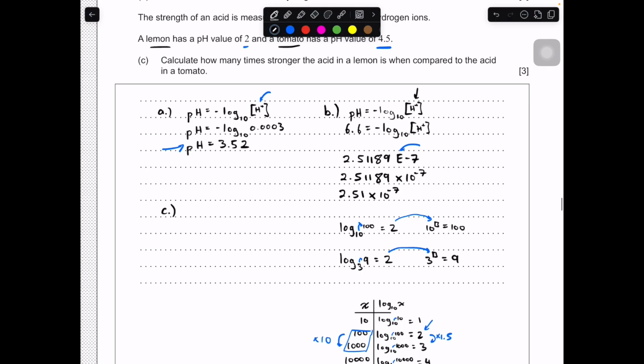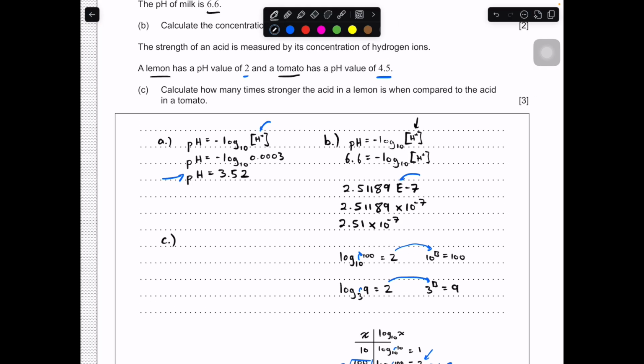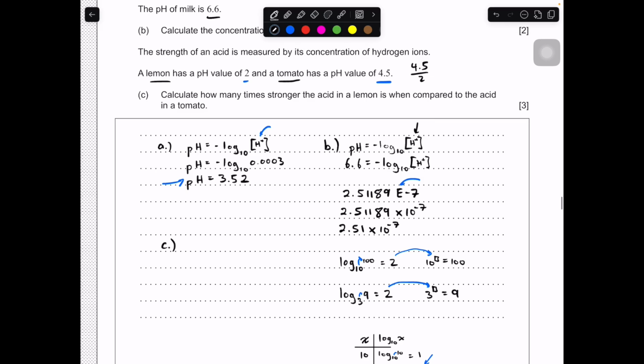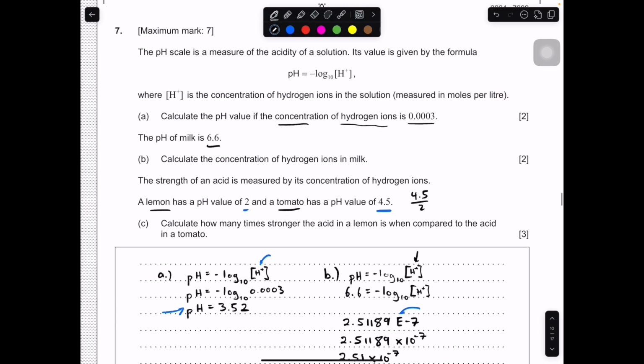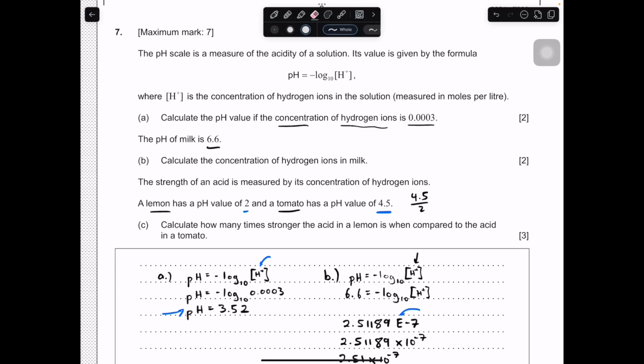So in this case, we can't just grab this 4.5 and divide by 2 and say that it's roughly 1.15 times as much, because we're interested in knowing the difference in the concentration of hydrogen ions. All we have is the pH in each of these cases. The pH is 2 or the pH is 4.